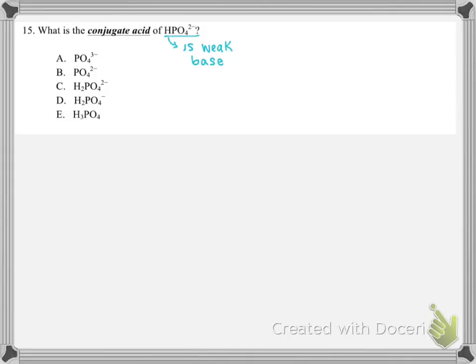So now they want us to say what the conjugate acid of HPO4 2- is. In order to have a conjugate acid, the molecule must be acting as a weak base. So we can go ahead and start by writing the base hydrolysis reaction.